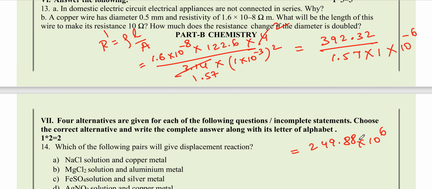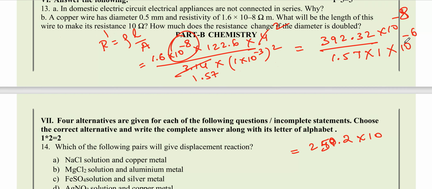Sir, you put 250 directly. 250 you are getting? What is the answer you are getting? 250.2. Good. 250.2 into 10 to the power? Remember, in the numerator we already have minus 8, correct?